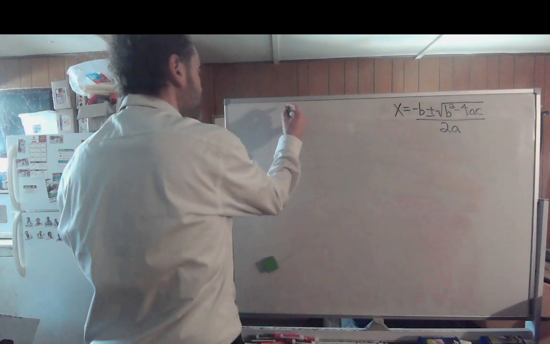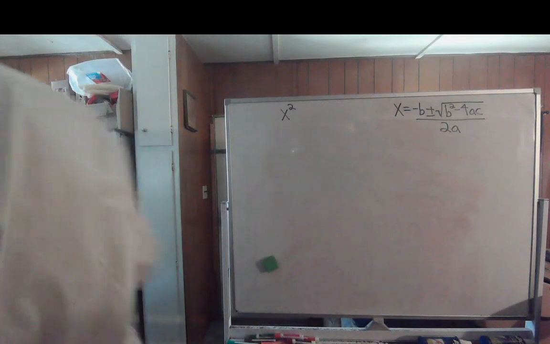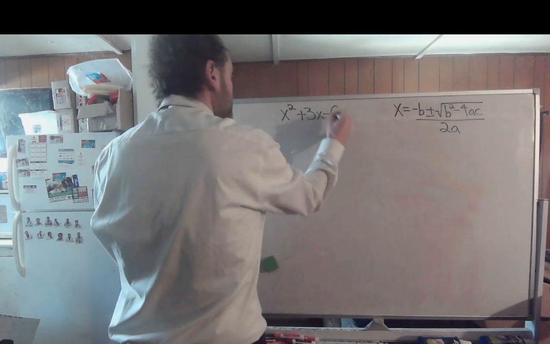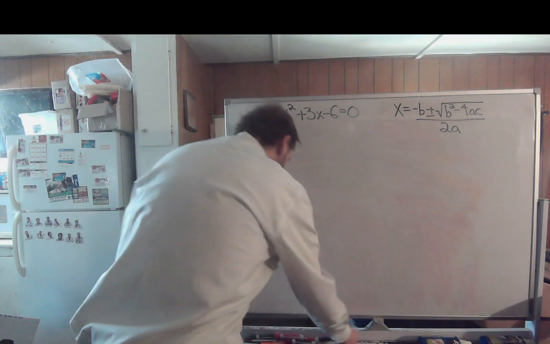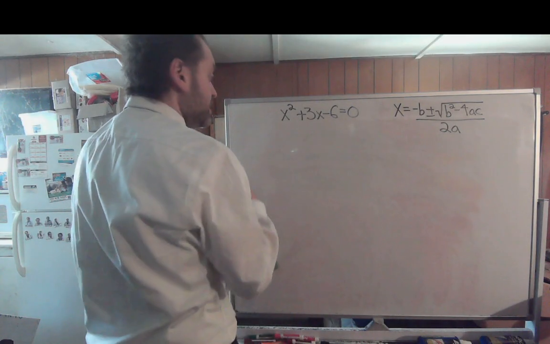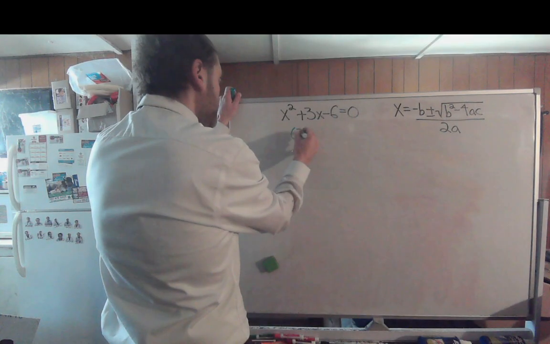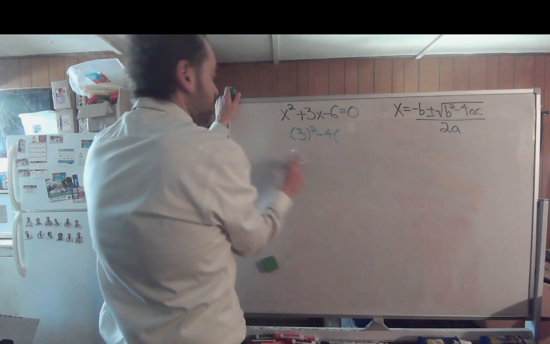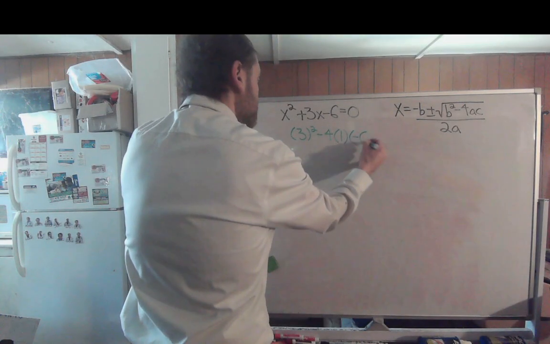Alright, so now we have x squared plus 3x minus 6 equal to 0. So take your discriminant, which would be the b squared, so that'd be 3 squared minus 4 times your a of 1 times your c of negative 6.